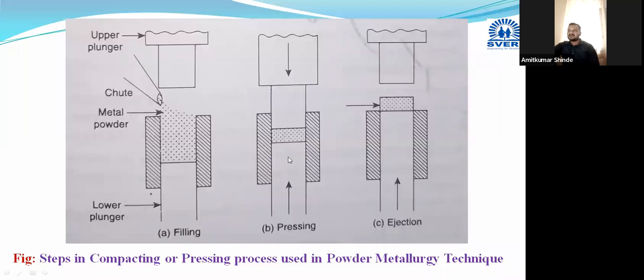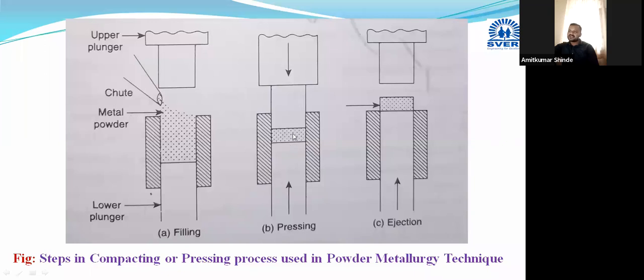If high pressures are used, it may damage the punches or plungers, or the die cavity walls. So proper values of the pressures should be selected. Generally we use 1 to 150 kg per mm square pressure values in this pressing method.